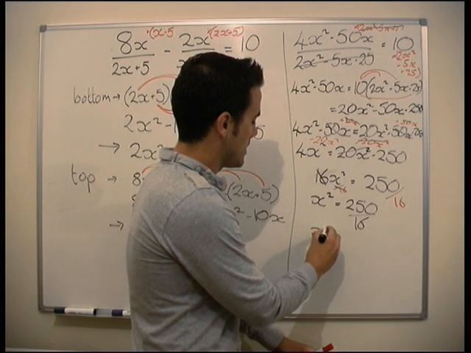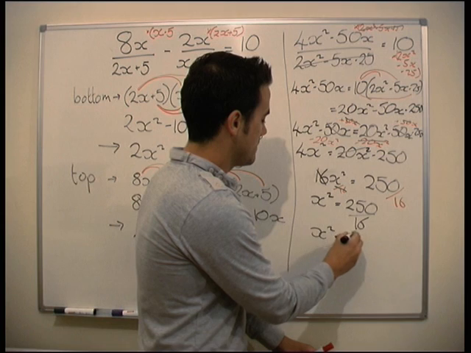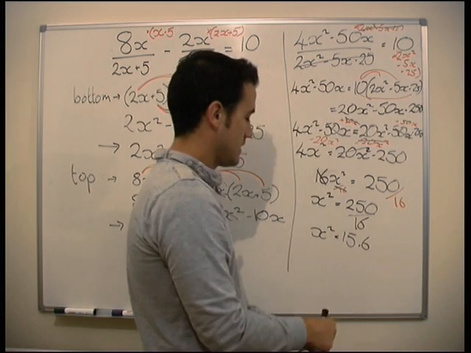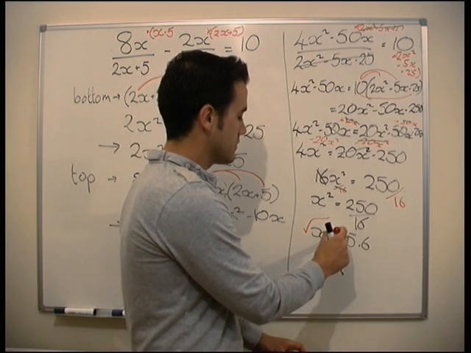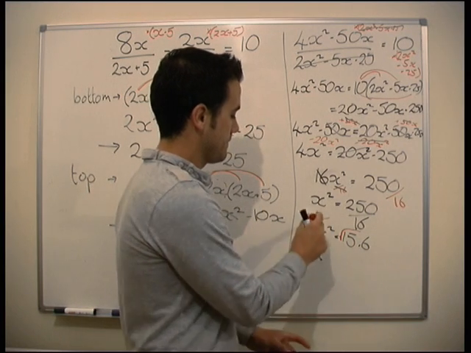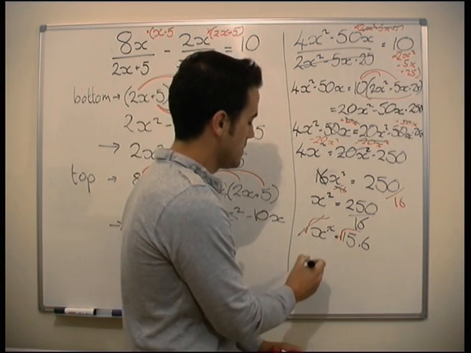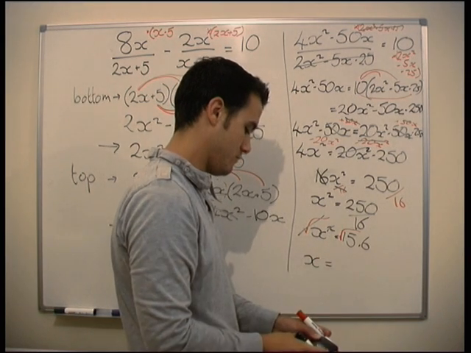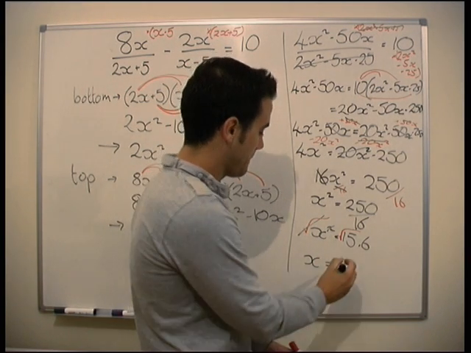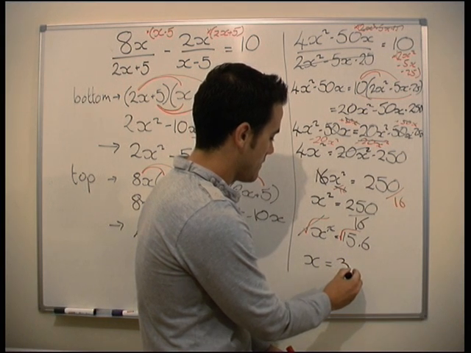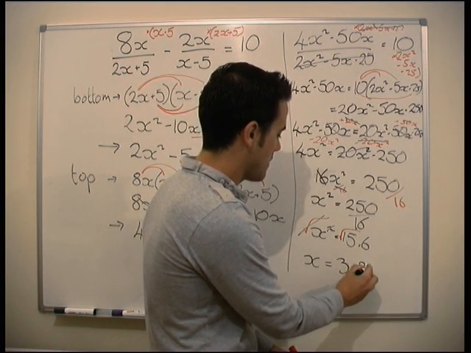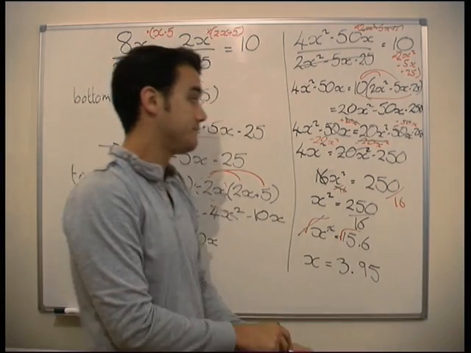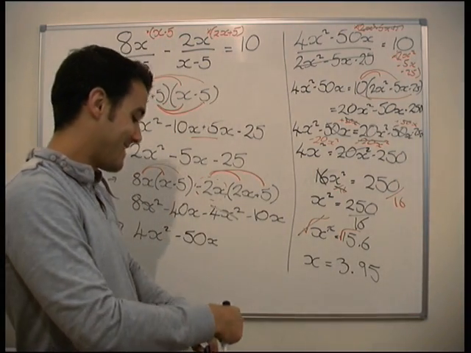So x squared equals 15.6. Take the square root of both sides to get rid of the squared. We end up with x is equal to square root answer 3.95.